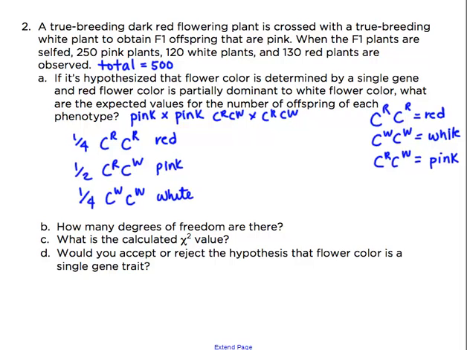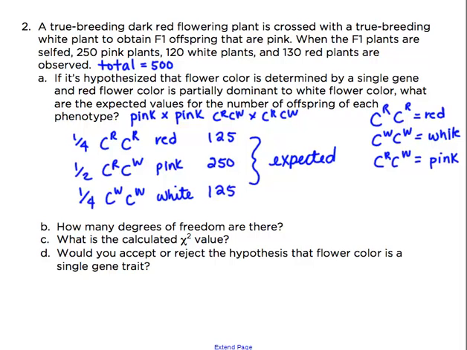Now if there's 500 offspring, what do these percentages account to? So 1/4 of 500 is 125, 1/2 is 250, and another 1/4 is 125. So for chi-square analysis, these are our expected numbers.